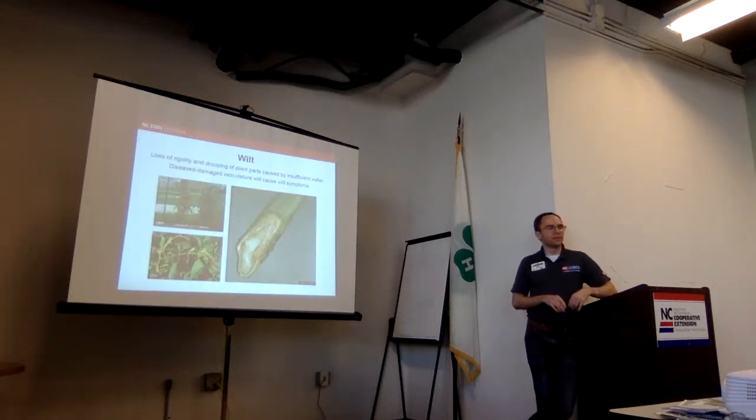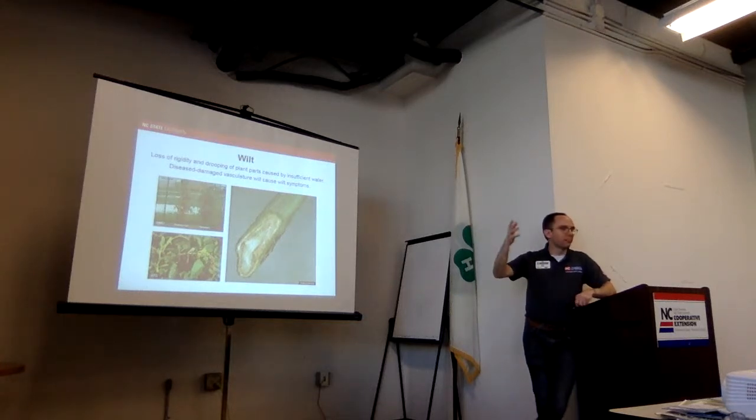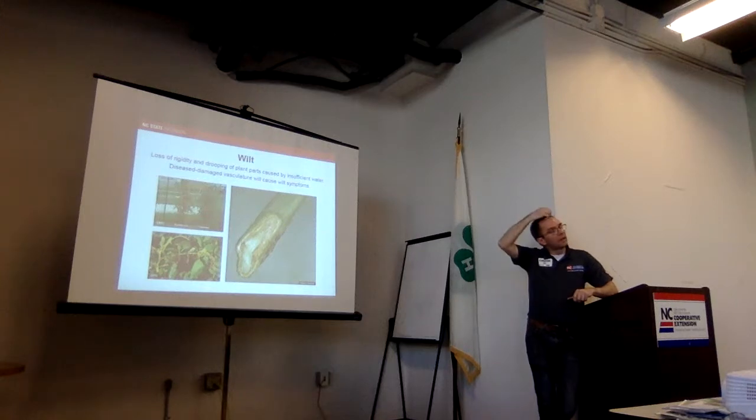Among my favorite of diseases are wilts. In these, the plant is unable to take up water and distribute water or transpire out through the stem and out the leaves. This is because there's an infection of the tissue that does that process.